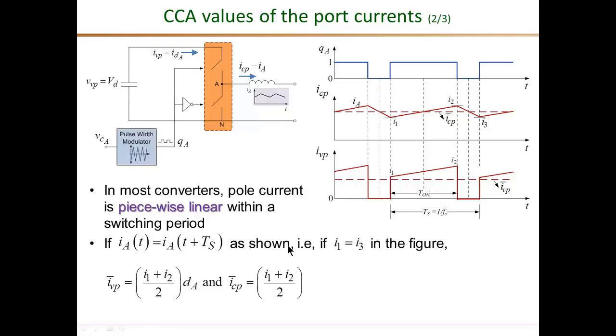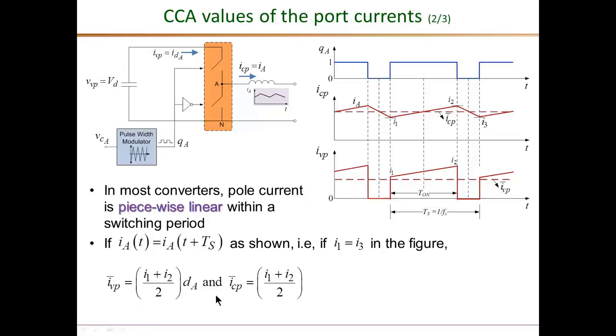In that case, the IVP average is the average of this waveform. That would be the area of this trapezoid, I1 plus I2 over 2 times T on, divided by Ts is its average. T on over Ts is dA. So this is the average value of IVP, or IVP bar. For the inductor current, the current port current, the average is simply I1 plus I2 over 2 because I1 equals I3.